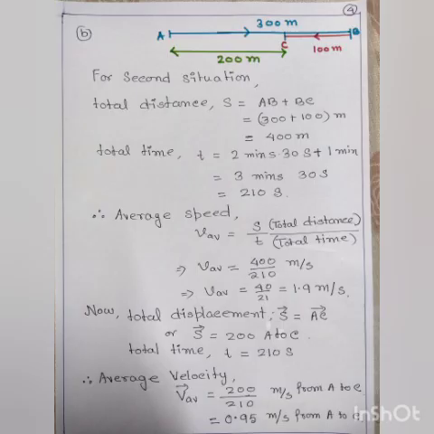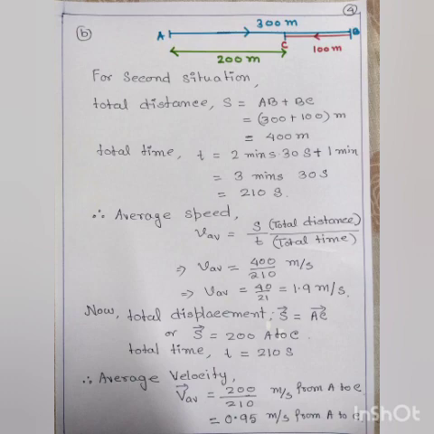Now let us discuss our second situation. Joseph turns back from B to C and his final position is C. So for this condition, total distance will be AB plus BC, that is 300 plus 100 equals 400 meter.